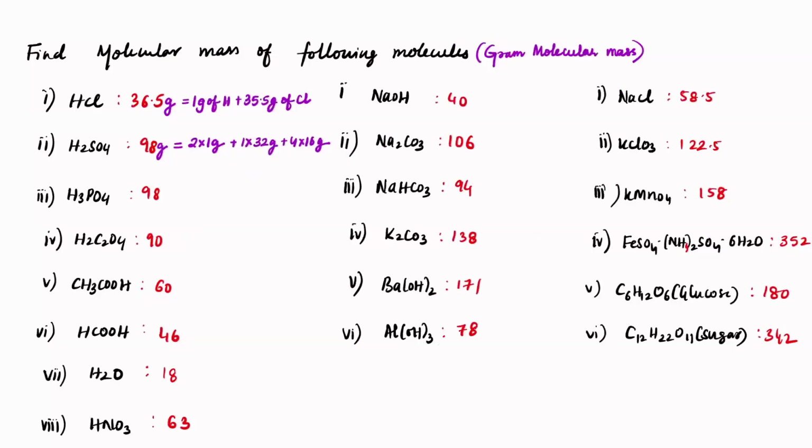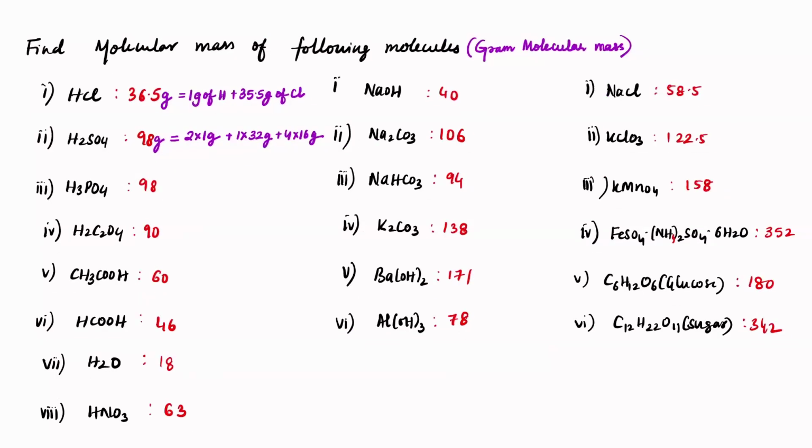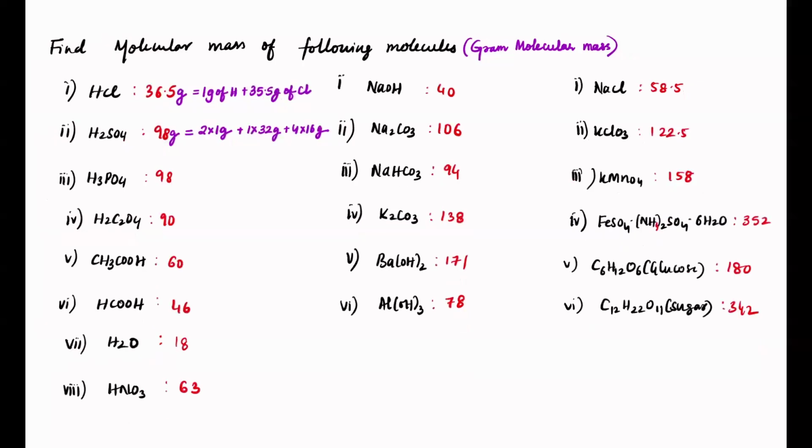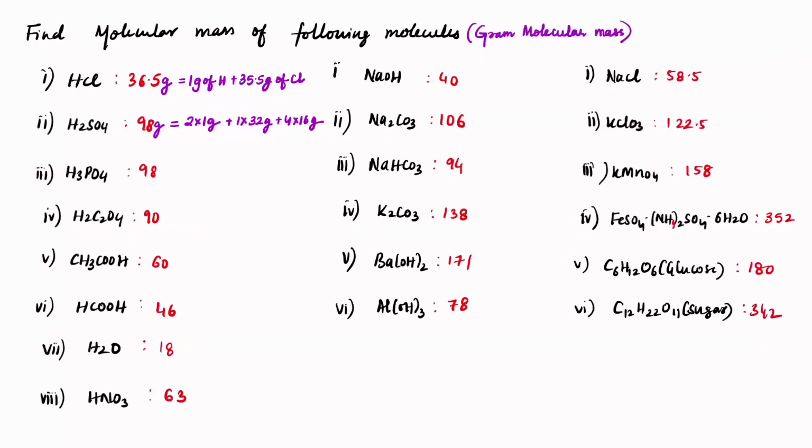So now you can see up to this numbers here, these are most commonly asked molecules, right? So you should be able to figure out quickly what is their atomic number, what is their molecular mass or gram molecular mass. So I guess all of you got this, how to do that, right?